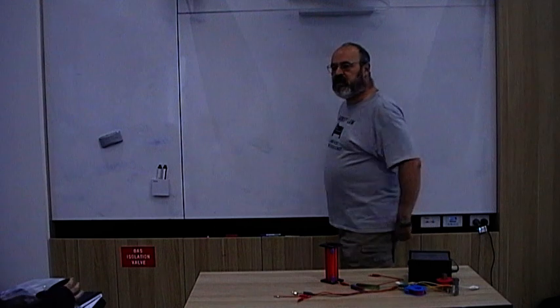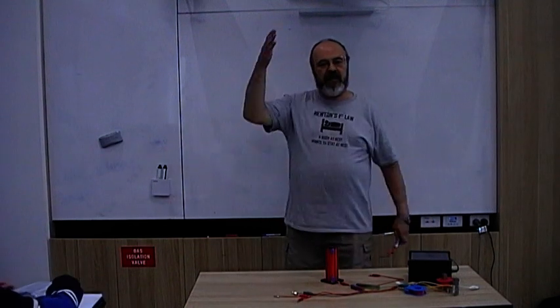So, we learned last lesson how to find the direction of the magnetic field created by a current. We learned how to find the direction of the magnetic field created by a straight wire.